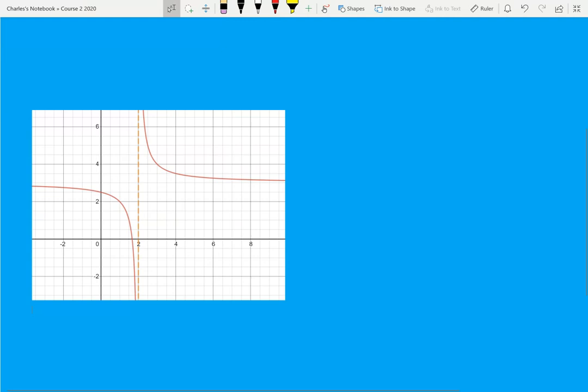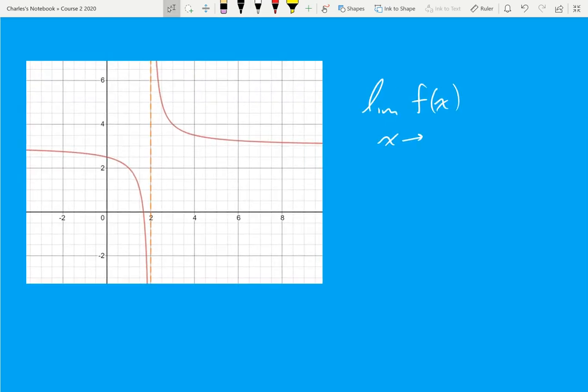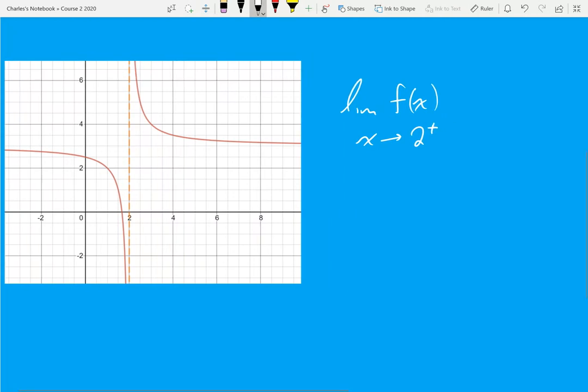Now this is a limit of f of x as x approaches. This gets tricky. This is notation heavy. In a normal year, I'd be teaching you this in bits and pieces, but in this year, I'm just giving you everything, and then we'll take time to come back and unpack it all. But this is the limit of f of x as x approaches 2 plus.